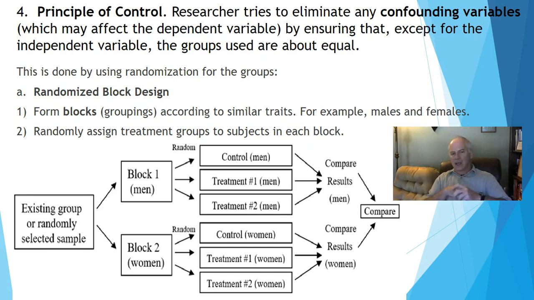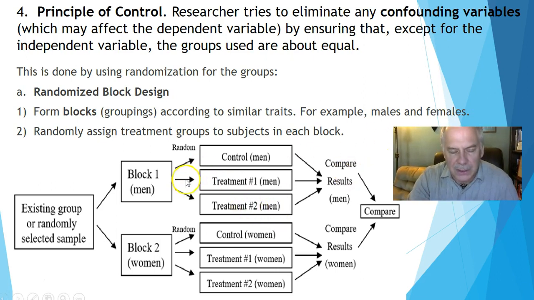All right. Now this is done by using randomization for the two groups. So here's an example, what's called randomized block design. You form blocks, groupings, according to similar traits. For example, males and females.